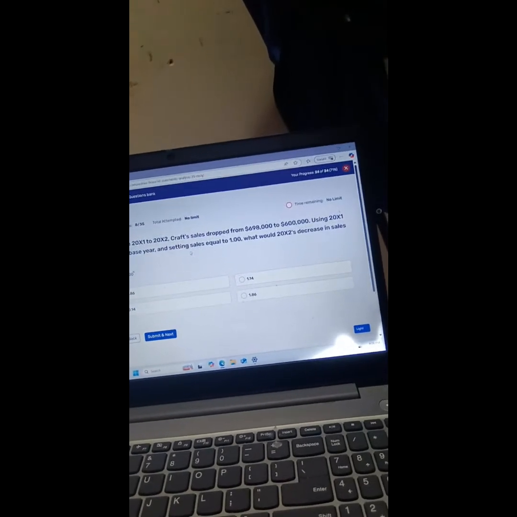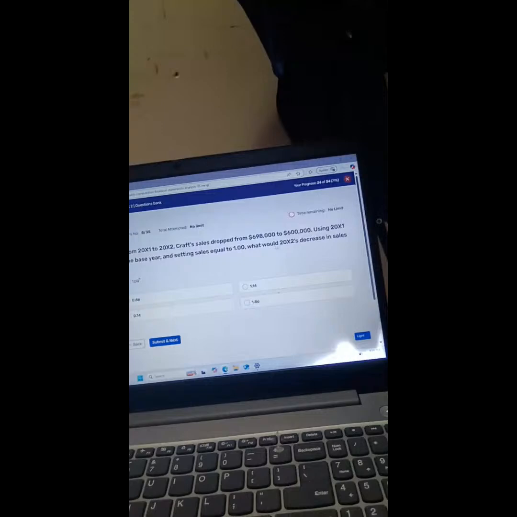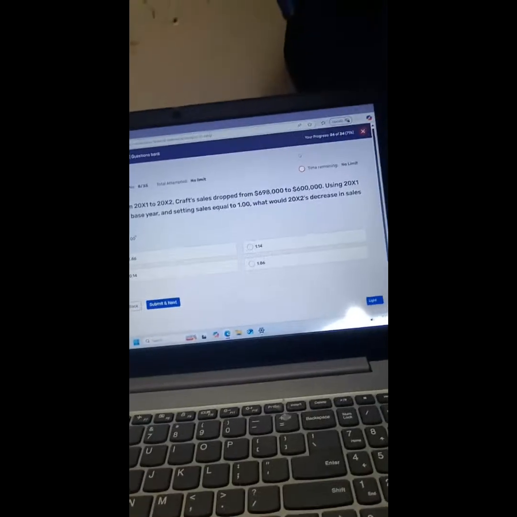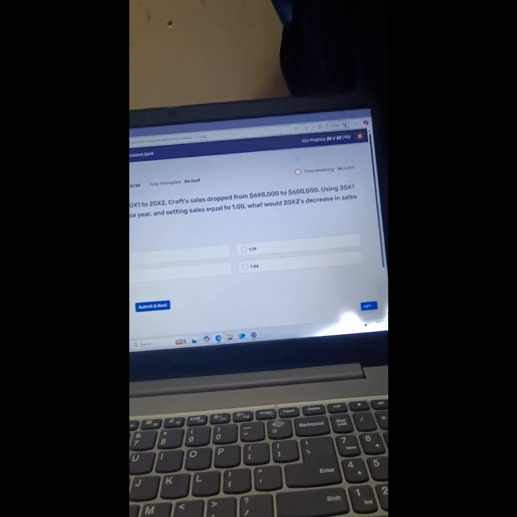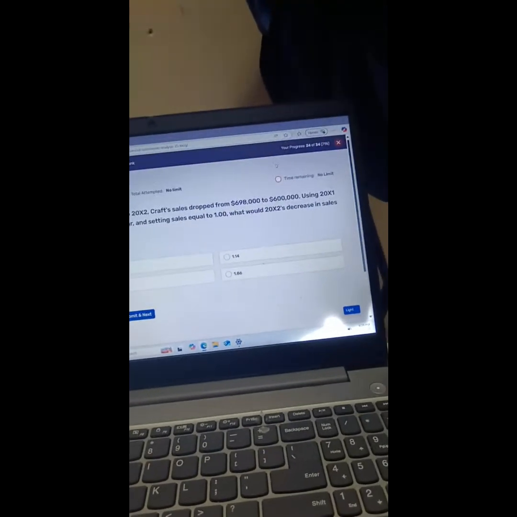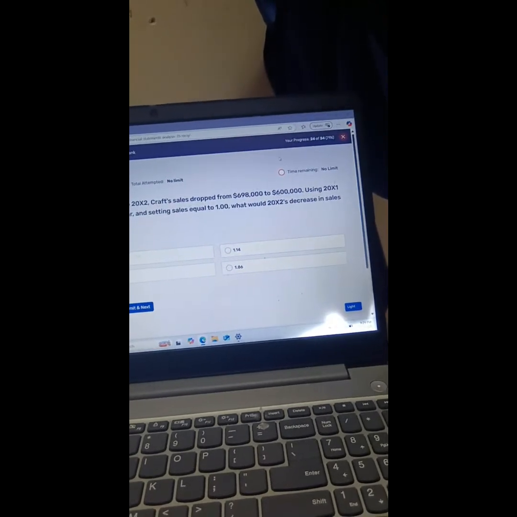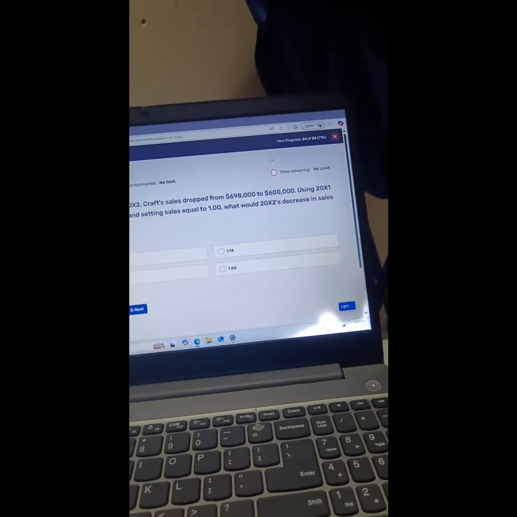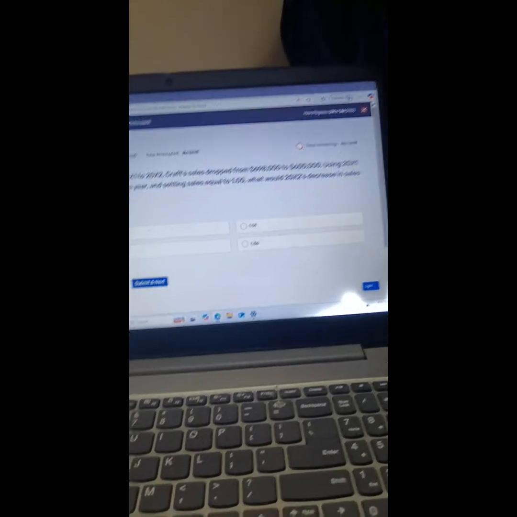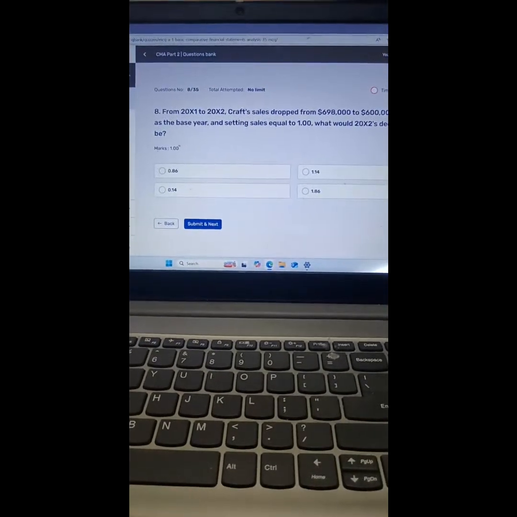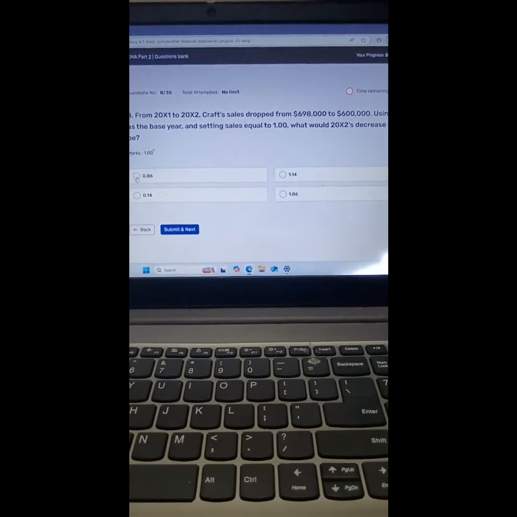If year one is 100%, and second year, how much decrease? 6 lakh divided by year one 698. It comes to 86%. It comes to simple 86%. First option is the correct answer.